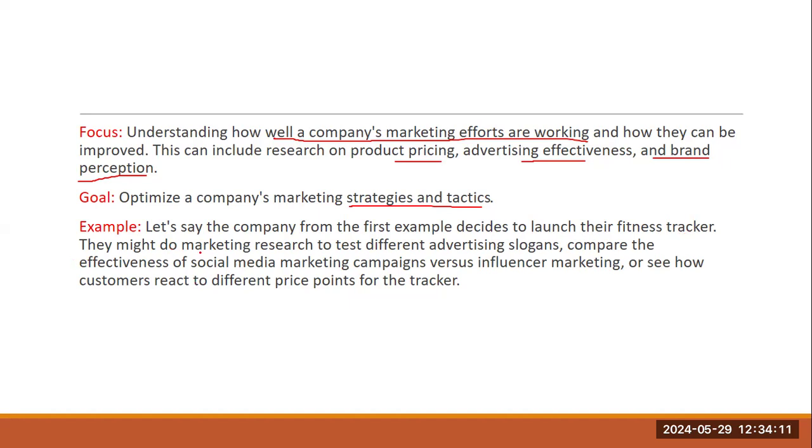They might do marketing research to test different advertising slogans, compare the effectiveness of social media marketing campaigns versus influencer marketing, or see how consumers react to different price points. So now you see, marketing research is all about doing research about marketing.